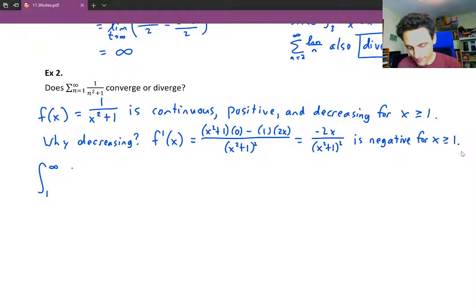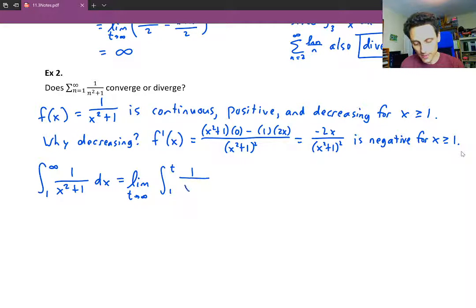All right, so let's take the integral then of 1 over x squared plus 1, which as a first step, you replace the infinity with a t and take the limit as t approaches infinity. So we'll find our antiderivative. Remember, this one is inverse tangent x.